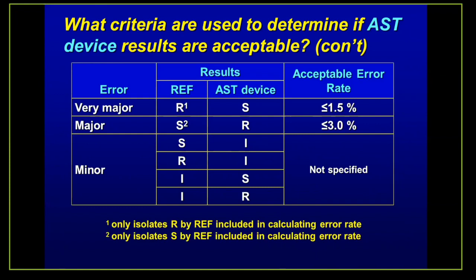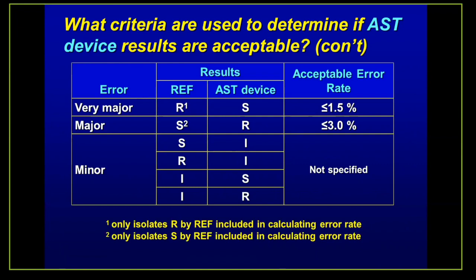When a manufacturer submits their data to the FDA, one of the things that we're looking at are the types of errors between the reference method and the AST device. So the manufacturer is calculating very major, major, and minor errors that they have seen between the reference method and the AST device.